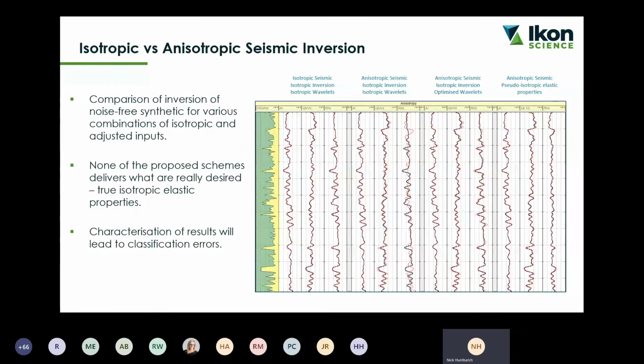But again, these logs aren't our isotropic logs. So you can see things like the density going up into the sand, etc. So yeah, it works perfectly, but it still has challenges, and the results aren't quite what we actually want. So I think it's safe to say that apart from the perfect isotropic one, none of the proposed schemes really get us to where we need to be, which is those true isotropic elastic properties.